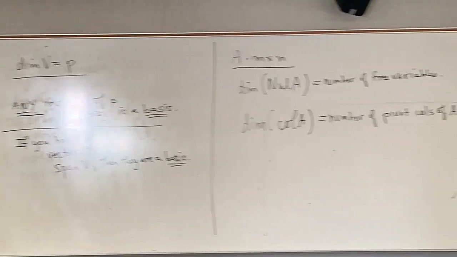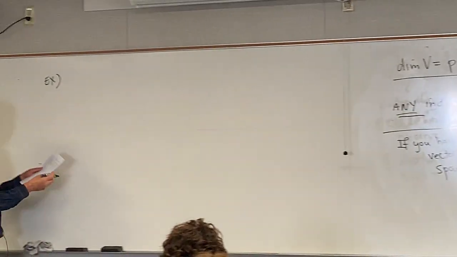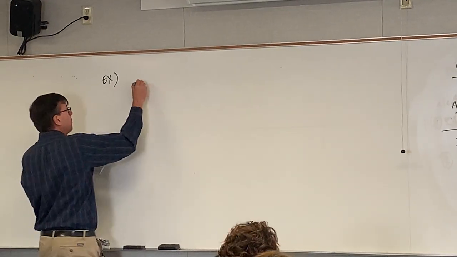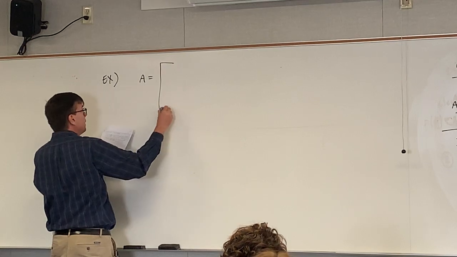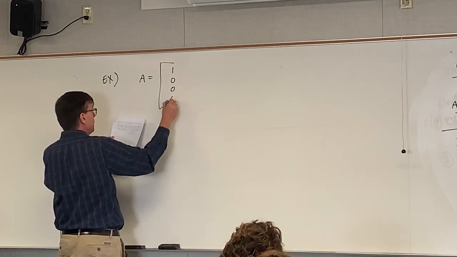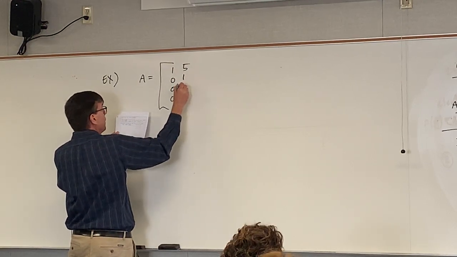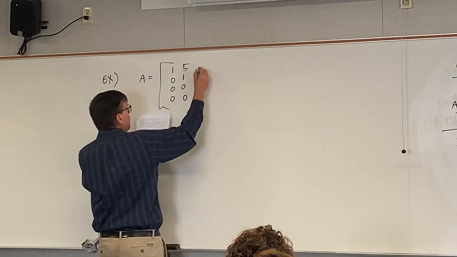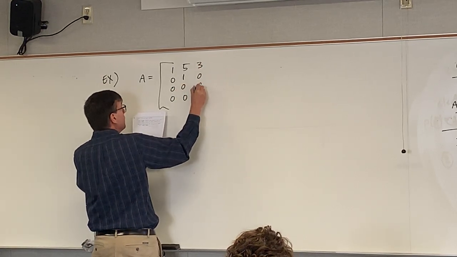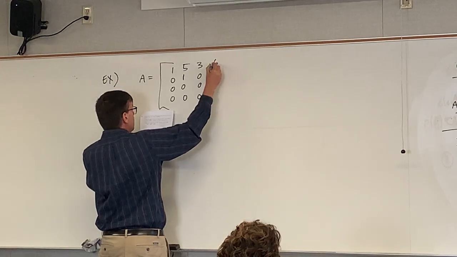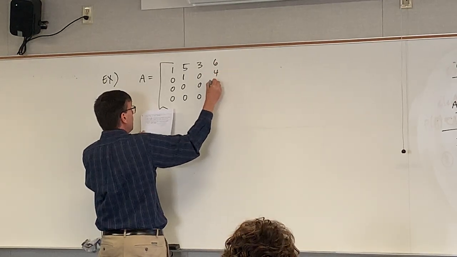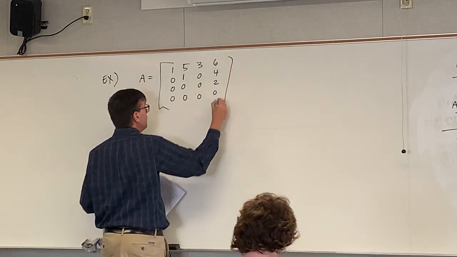So here we want to find the dimension of the null space, dimension of the column space of A, where A is 1, 0, 0, 0, 5, 1, 0, 0, 3, 0, 0, 0, 6, 4, 2, 0.